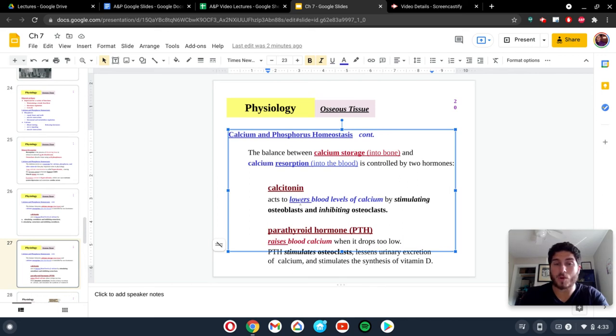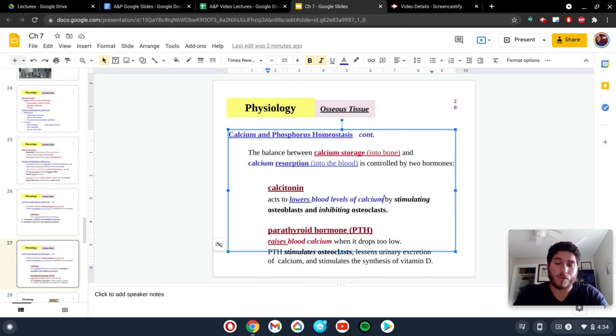We're lowering the blood levels, so you want to put it in your bones. How do you put it in your bones? You need to stimulate bone growth. Those are the osteoblasts. Also, you're going to inhibit the breakdown of bone, which makes sense. You don't want to do the opposite. That's inhibiting the osteoclasts. This is just a great example to get you thinking about how the hormones work in the body, as well as the types of questions you should be able to better understand. It's not just memorizing words. It is going above and beyond and applying it.